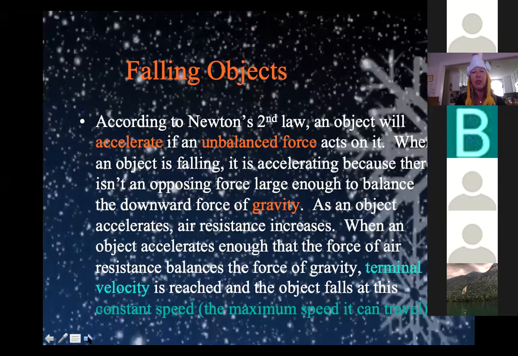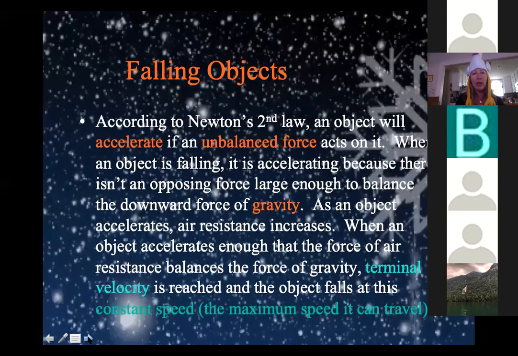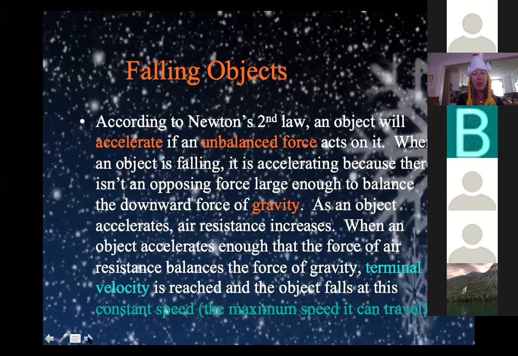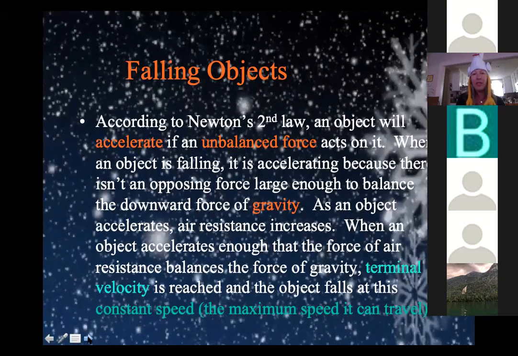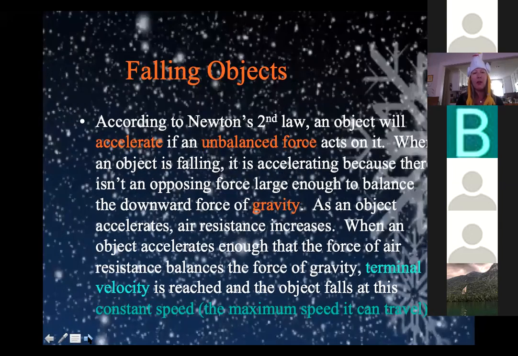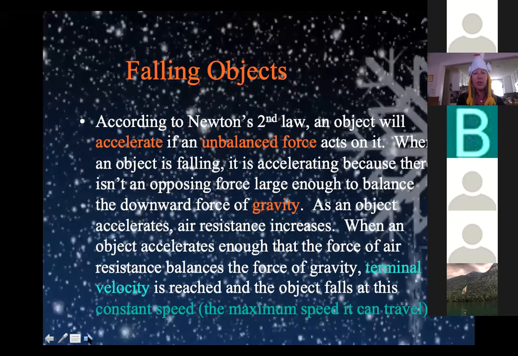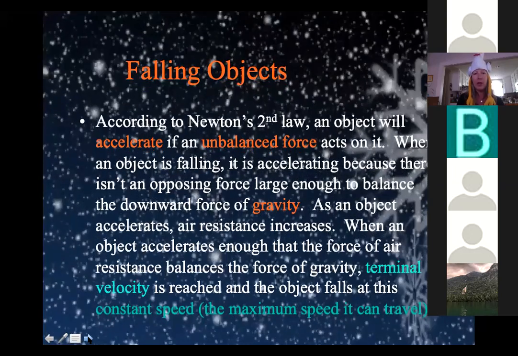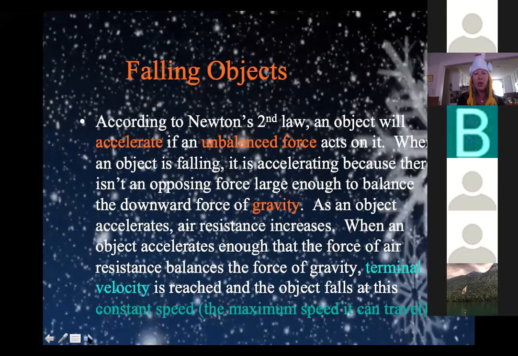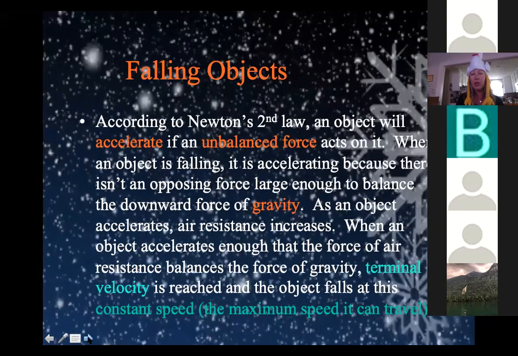That's called terminal velocity. And I know you have to write that definition down, but I have it on another slide, so don't worry about writing the definition of terminal velocity right now. However, you do need to fill in these three words that you see showing up in orange. So make sure you fill those in your fill in the blanks.